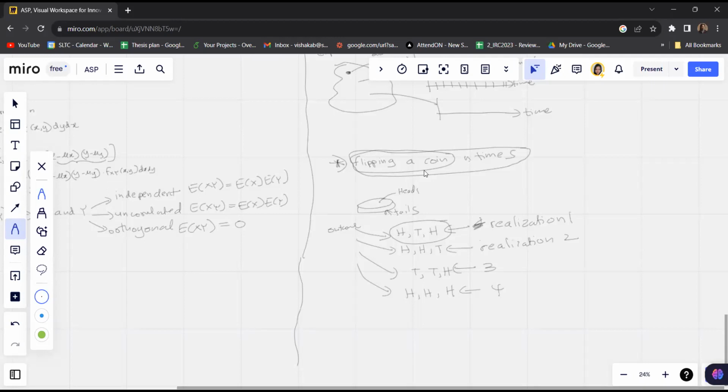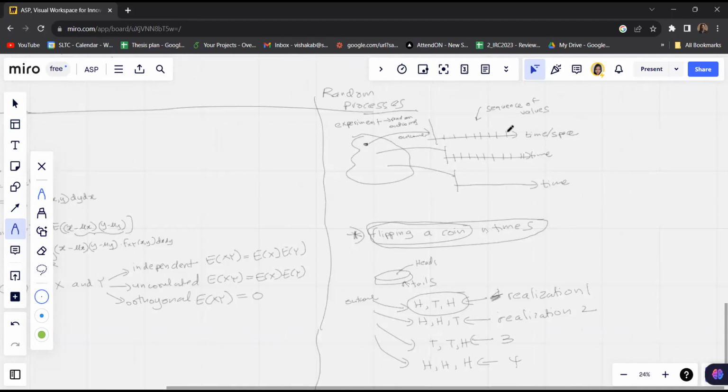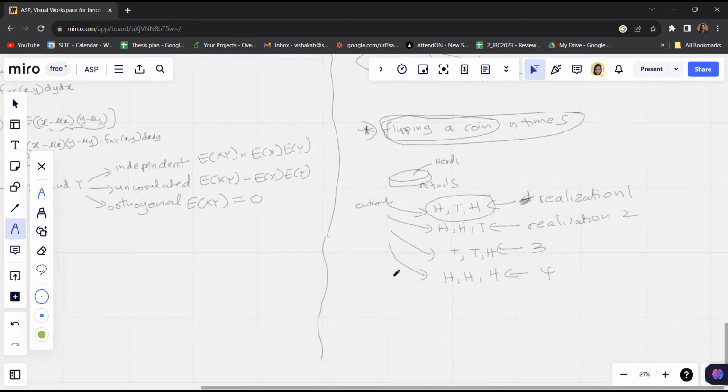In that case, we need the definitions of random processes to identify how the outcomes of these sequences of values will change based on the random process.